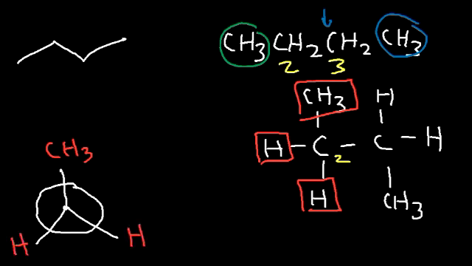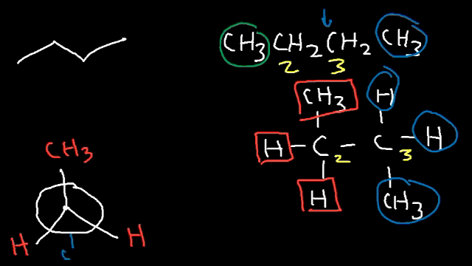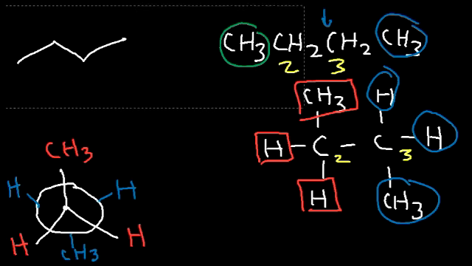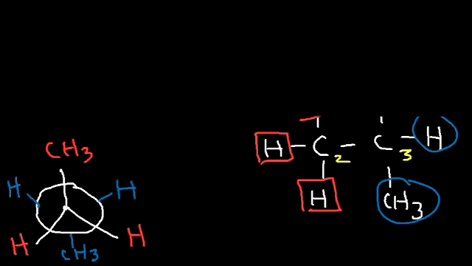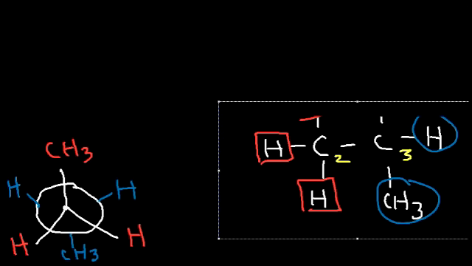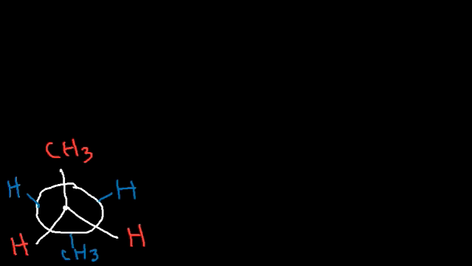Now the C3 carbon is in the back, and in the Newman projection it's difficult to see. You can't see it, it's behind it. But that C3 carbon has 2 hydrogens and a methyl group as well. So here's the methyl group and the 2 hydrogens. And that's how you can draw a Newman projection. Now this is one of the different ways that we can draw it. There are other Newman projections that we can draw as well.